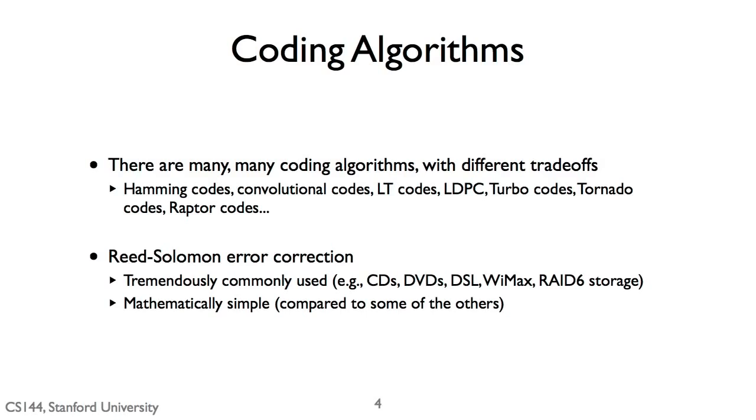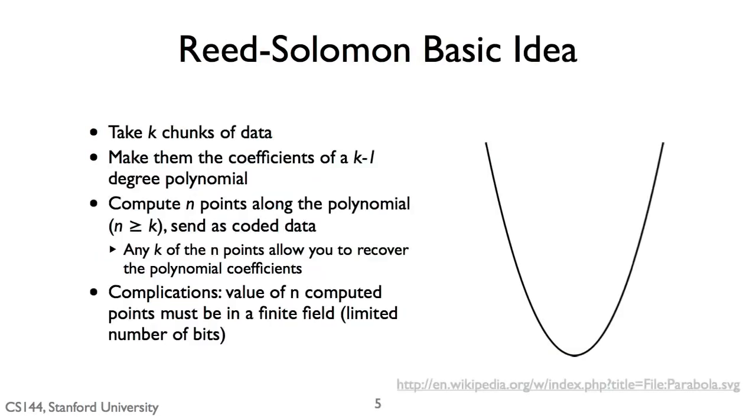I'm not going to go into all of the details. The basic concept is simple. Actually designing it so that you can implement it very fast involves a bit more math, which I won't go into, but the basic concept is very simple. The key idea behind Reed Solomon is that if I have a polynomial like here, where I have a parabola, right?